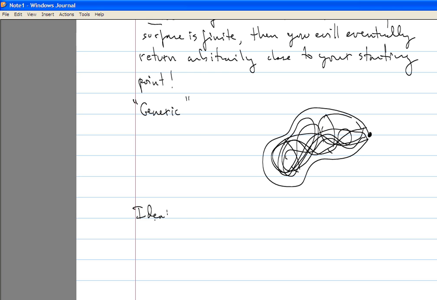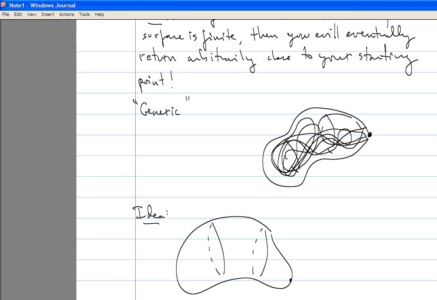The idea of the proof is that it is an easy consequence of Liouville's theorem. So let's imagine that we have some surface in phase space. And let's imagine that we want to show that at some time t, our final position will come within a foot of our starting position.